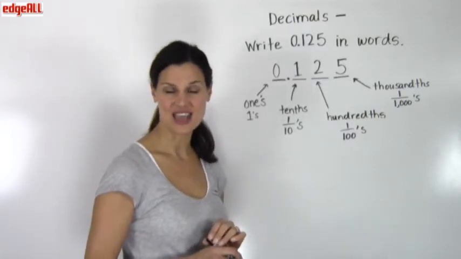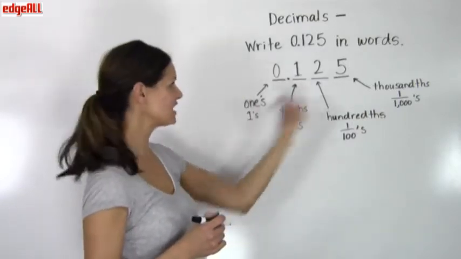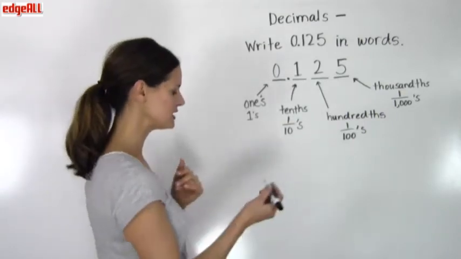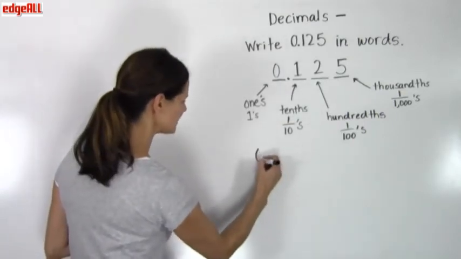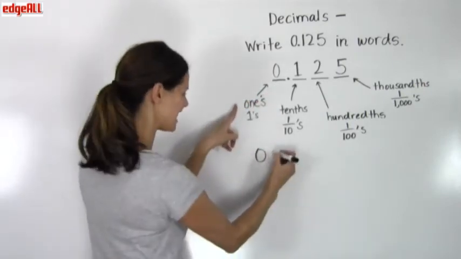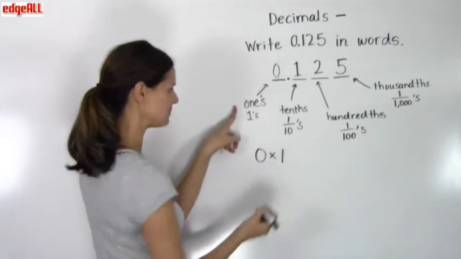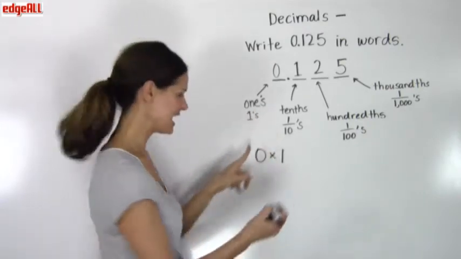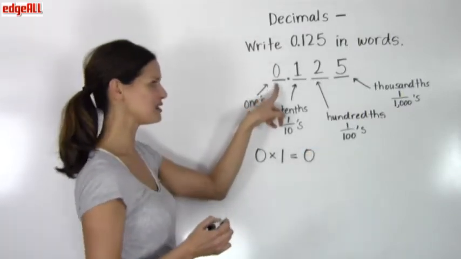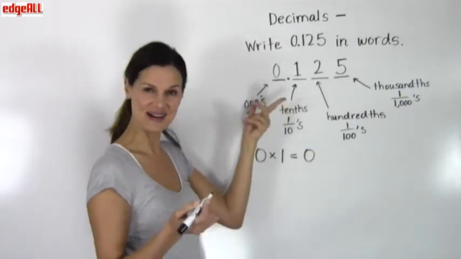If we want to look at the value of each digit in our decimal number, we start with the 0. Our 0 is in the ones place, so we multiply it by the place that it's in, and we end up with 0 times 1 equals 0. So the value of this 0 is 0.